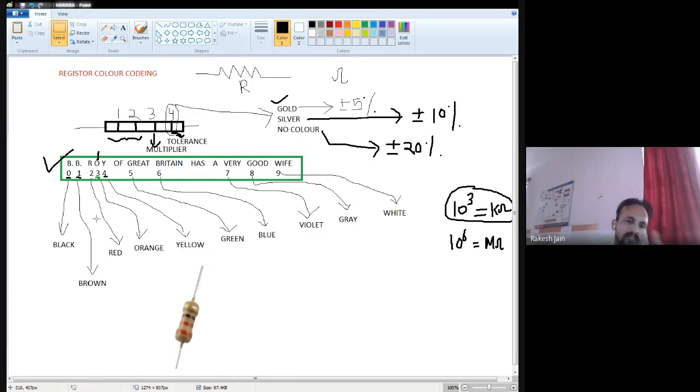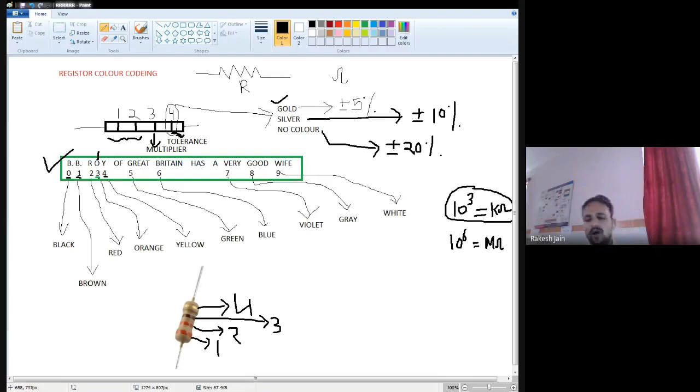Now someone asks you what is the value of this resistor without the multimeter. Then you know that this one looks like gold. Generally the fourth color is gold, otherwise silver or no color may be possible, but generally that is gold. So this one is the fourth color. Definitely on the opposite side, this one is the first color, this one is your second color, and this one is your third color.